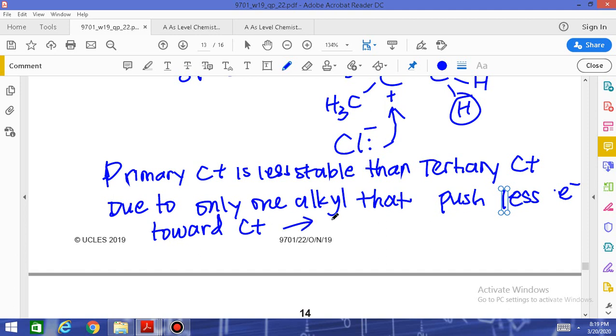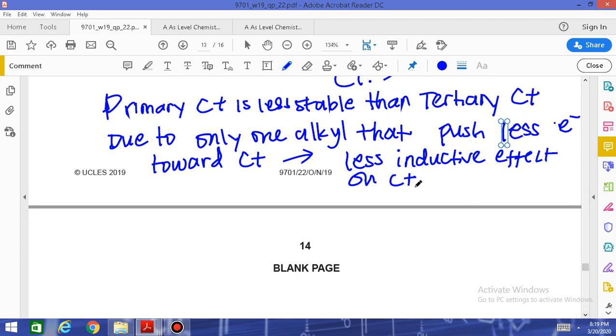So there is less inductive effect on the carbocation, increasing the charge density on the carbocation.